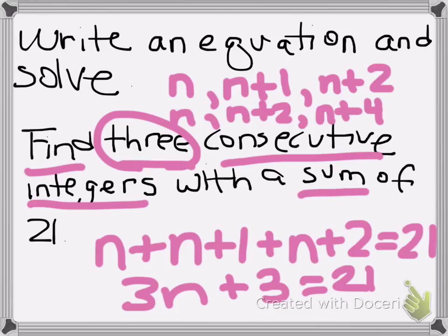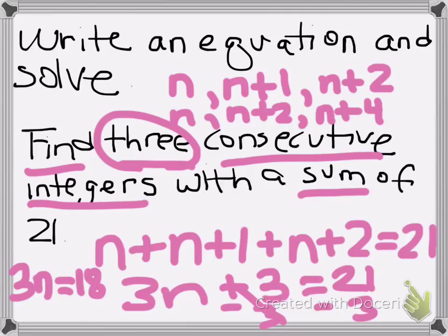And I'm solving for n, so I would need to subtract by 3 to get the n by itself. I have 3n equals 18, and then I divide by 3 because 3 times n, the opposite would be dividing, cancels out, and I have n by itself. So n would be 18 divided by 3, or 6.